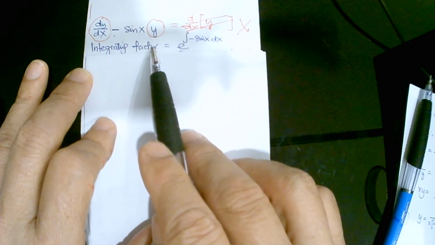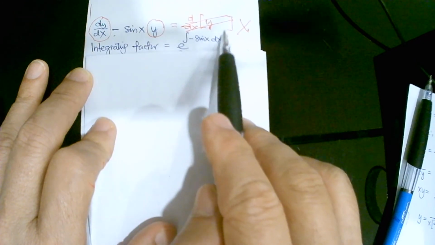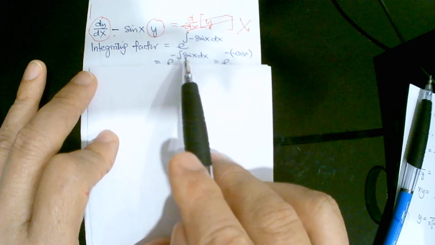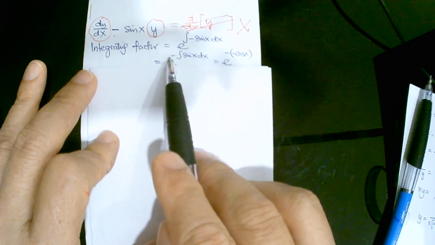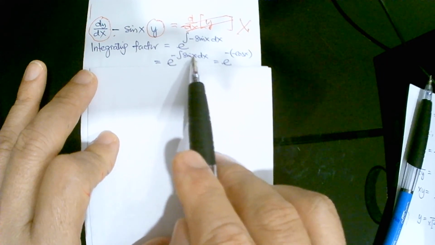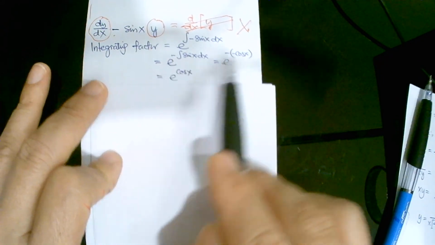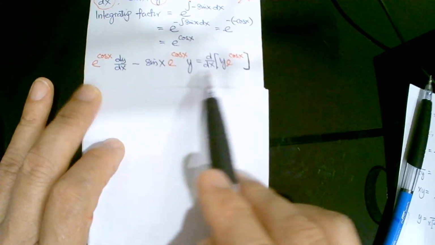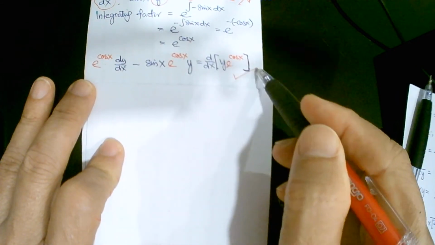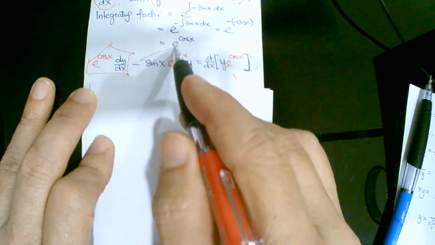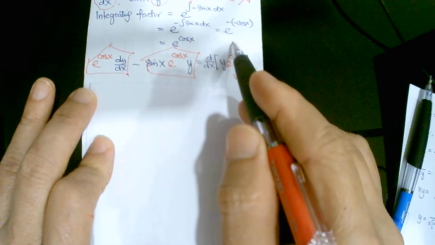Why we find the integrating factor? We have to combine them to become like this. So to find the integrating factor, we integrate it. Integrate negative sine x, we bring out the negative sign, then integrate sine x, you get negative cos x. So you get e to the cos x. So with e to the cos x, the integrating factor, then this is correct. So you see again, these two, we can combine them into one, like that.